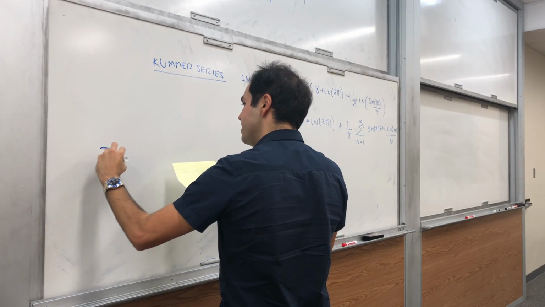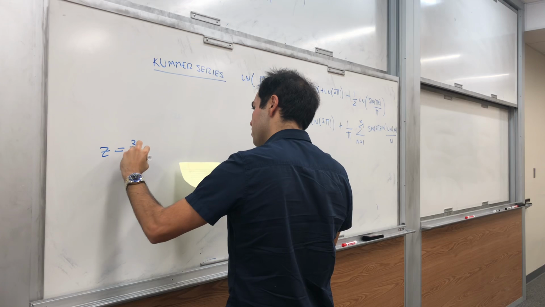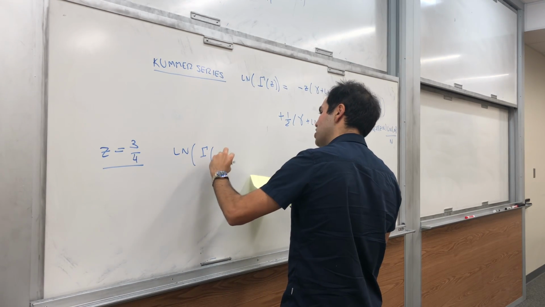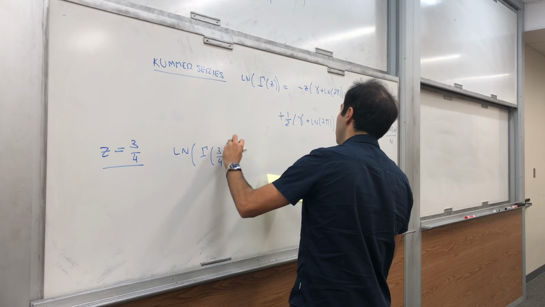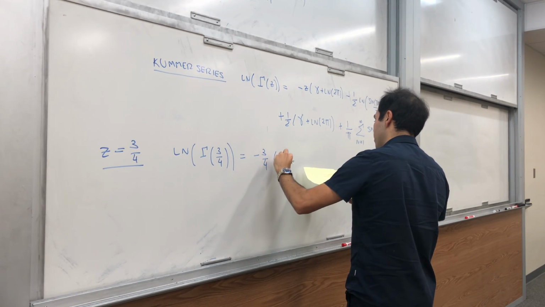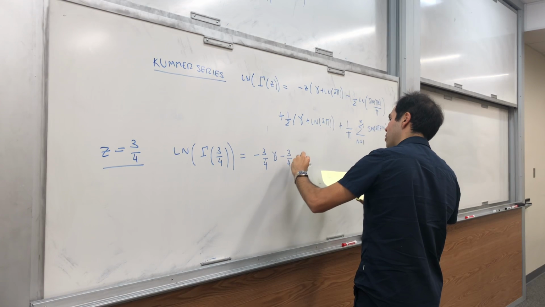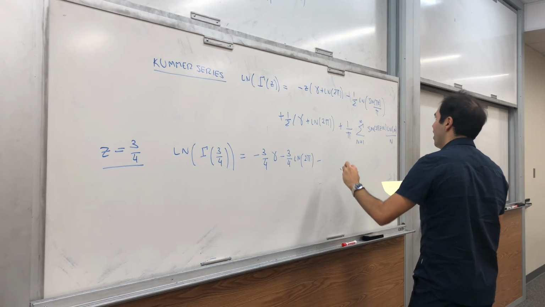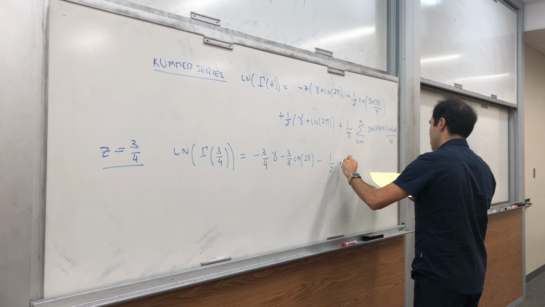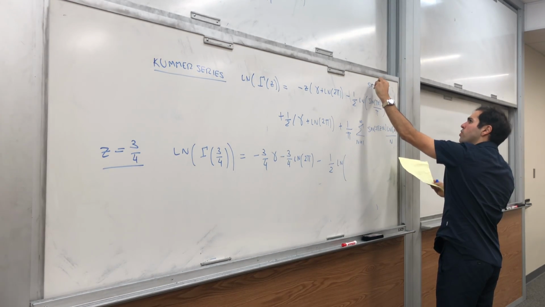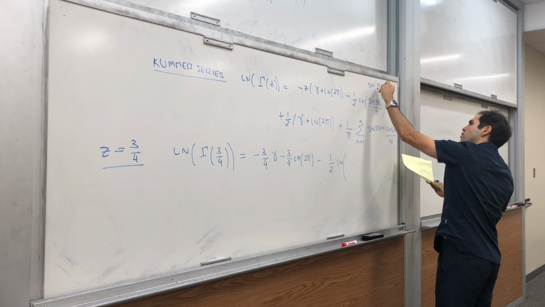So if you have z equals 3/4, then we get the gamma function of 3/4 equals minus 3/4 Euler-Mascheroni, minus 3/4 ln of 2 pi, minus 1/2 ln of sine of 3 pi over 4.